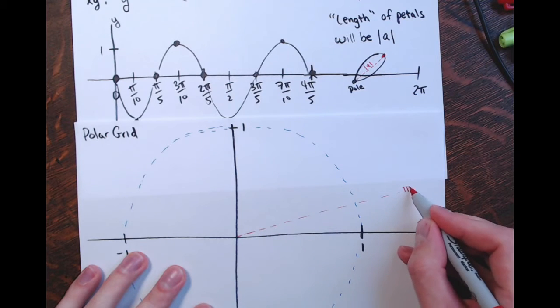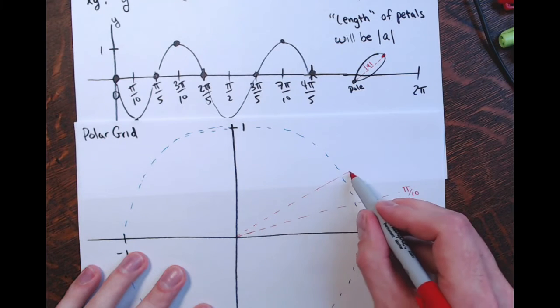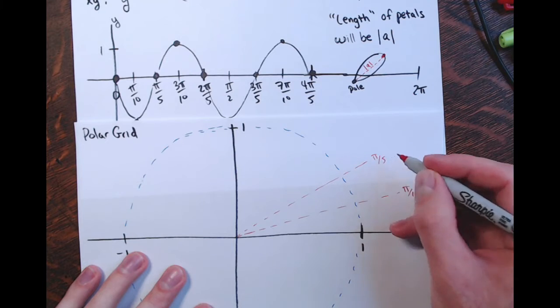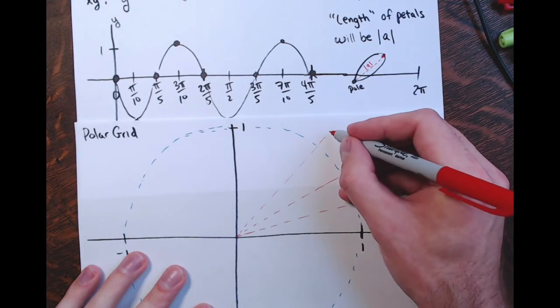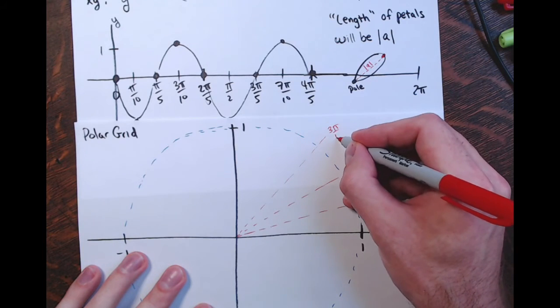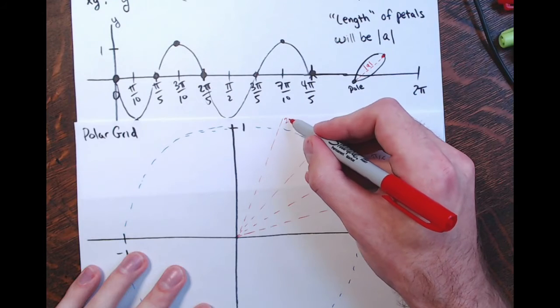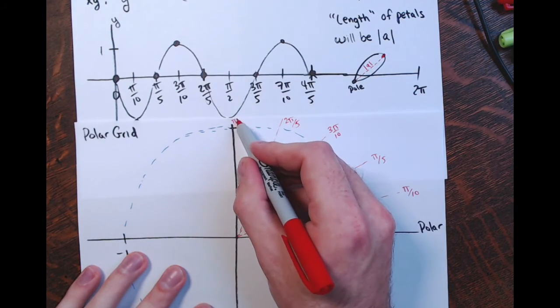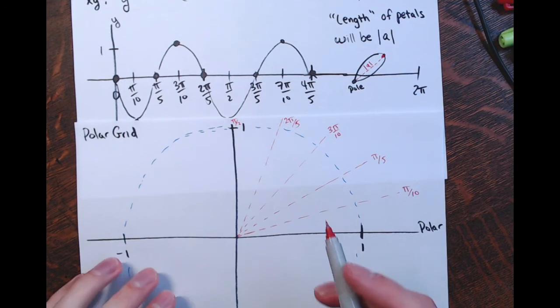There's pi over 10. Let me do another one. 2 pi over 10, that's pi over 5. 3 pi over 10. 4 pi over 10, which is 2 pi over 5. Then 5 pi over 10, that's pi over 2 here, right? And again, I'm just going to break up every quadrant into these 5 pieces.